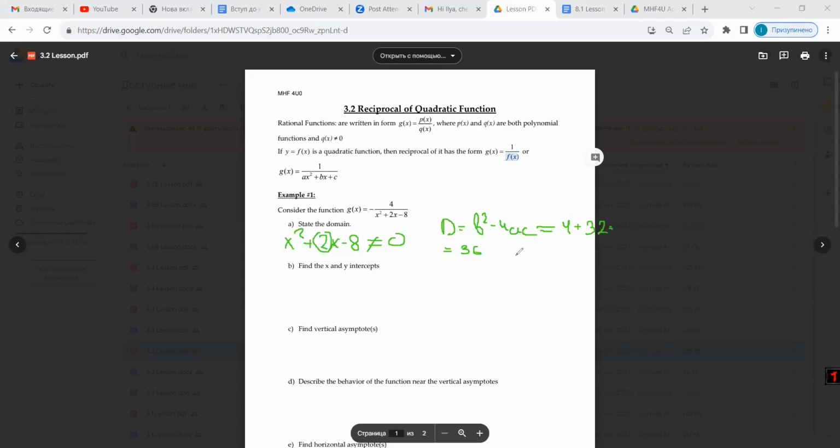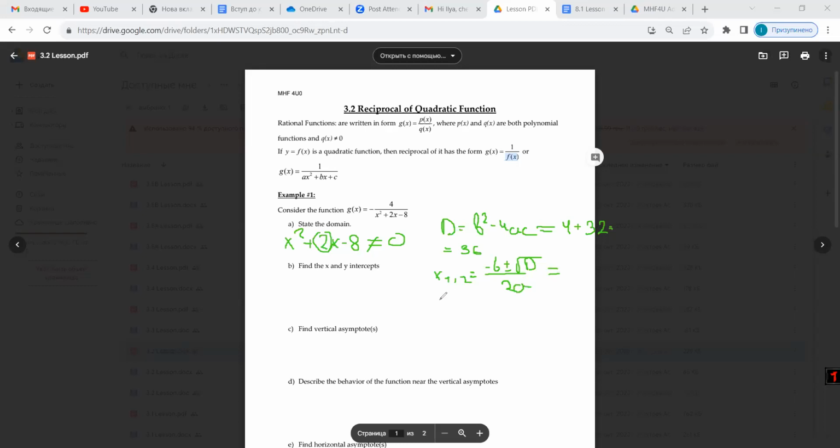So 36. Now we need to find x1 and x2, which will be minus b plus minus square root of discriminant divided by 2a.